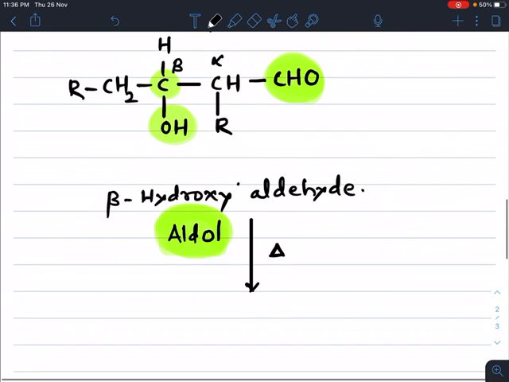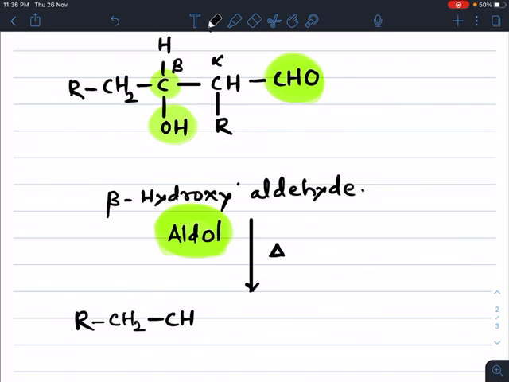Let's see. We get RCH2 as it is, CH double bond CR, further bonded with CHO. Now here we get a compound containing two functional groups: the CHO group and the double bond, meaning an alkene and an aldehyde group.